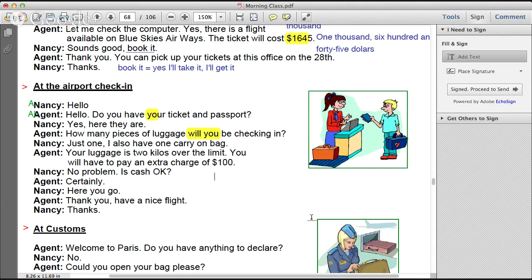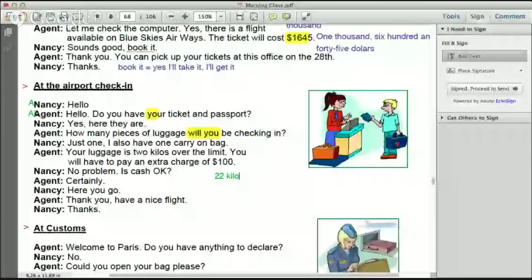The big luggage is 22.5 or 23. But I think that it depends, because some people have like a card that gives you a service, more luggage you can pick up.